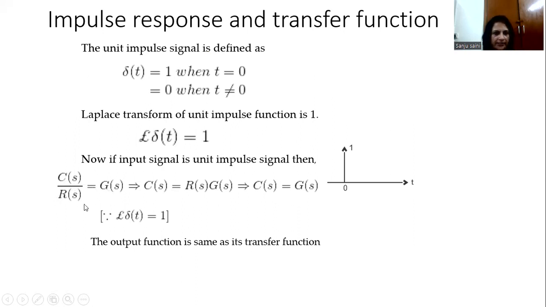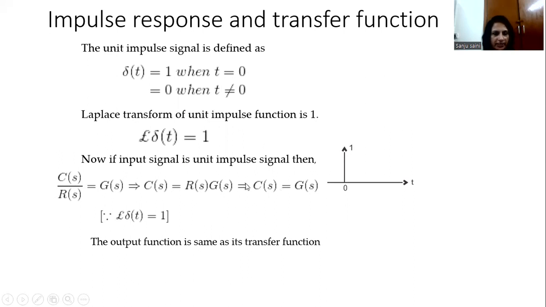So if we take this system to which a unit impulse is being applied, we know that G(s) is equal to C(s) divided by R(s). G(s) is the transfer function, C(s) is the Laplace transform of output, R(s) is the Laplace transform of the input. Since R(s) is equal to 1 in case a unit impulse input is applied, C(s) will become equal to G(s).